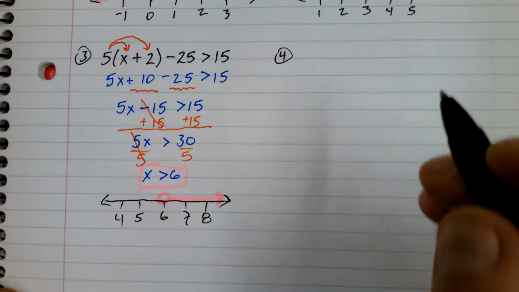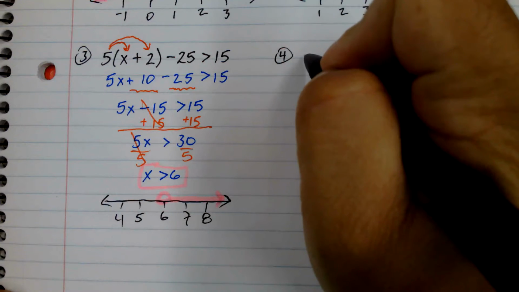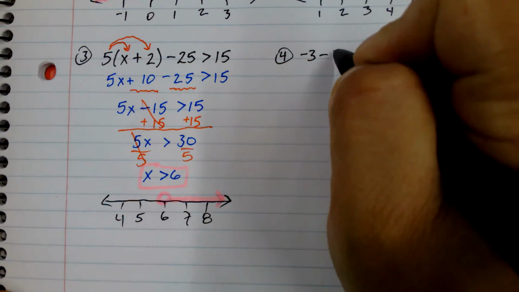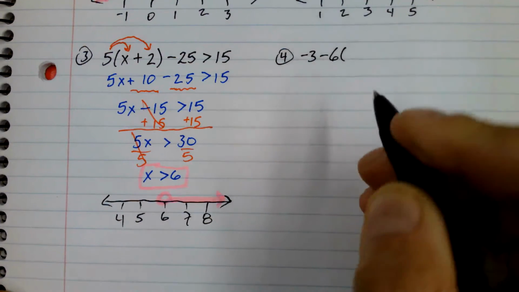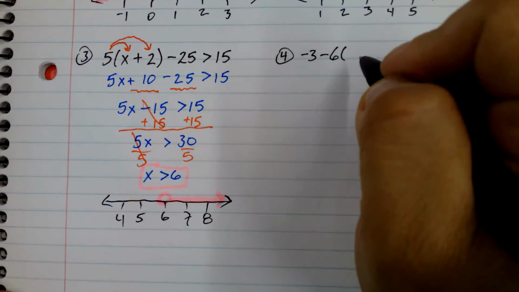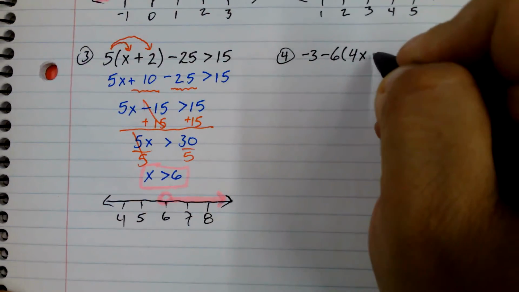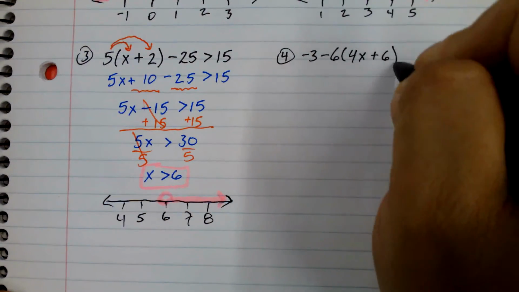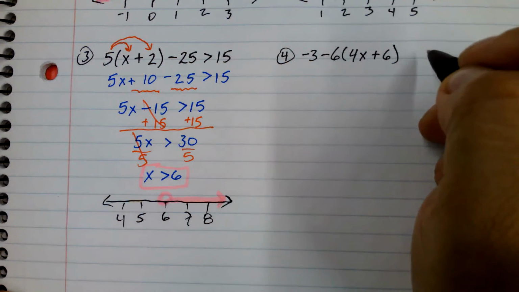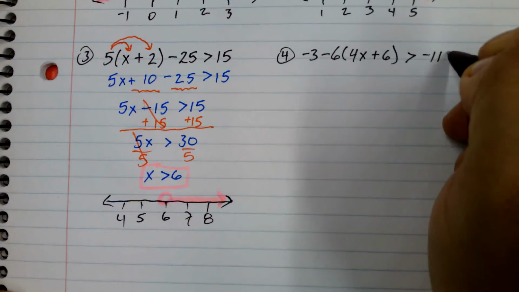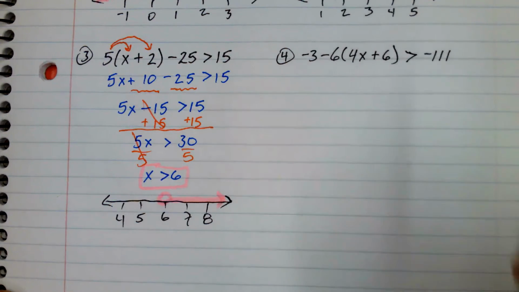So let's say we have negative 3 minus 6 parentheses 4x plus 6 is greater than negative 111. How's that?